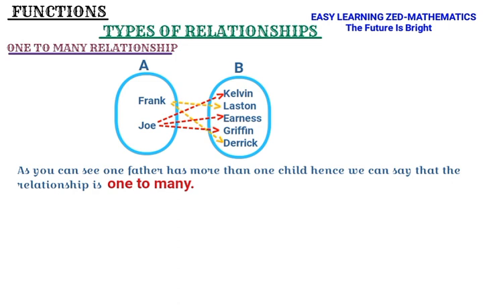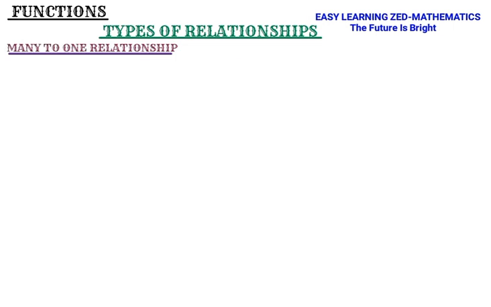Okay, let's go to the third type of relationship. The third type we're going to look at is many-to-one relationship. It's just the same as the second one we talked about, just that one was one-to-many and this one is many-to-one.